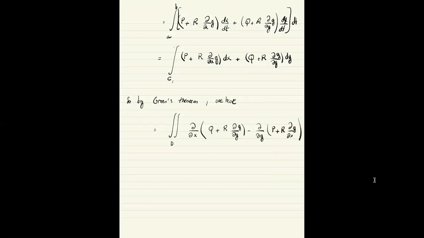But it's a bit tricky here. Recall that Q, P, and R are functions of x, y, and z, since this is a vector field in 3D. And z is a function of x and y, right?